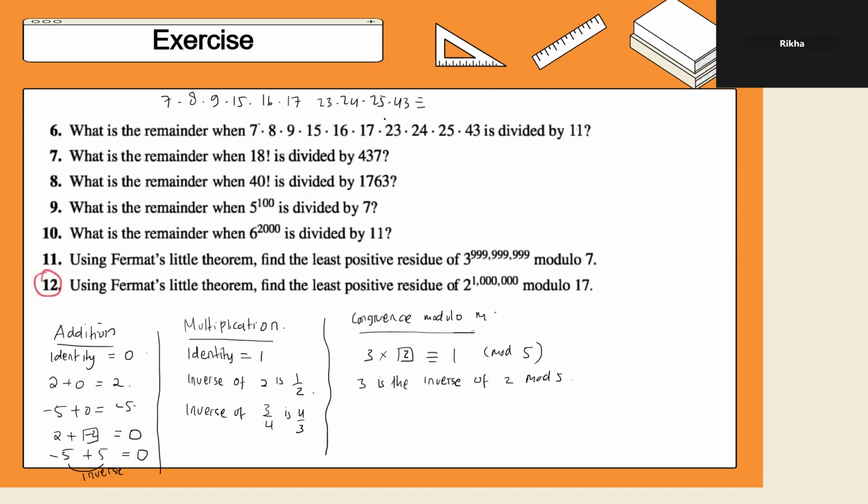Let's try to make it smaller. 15 becomes 4, 16 becomes 5, 17 becomes 6, 23 becomes 1, 24 becomes 2, 25 becomes 3, and 43 becomes negative 1. I can write it as negative 1, no problem, or 10. I can write it that way.